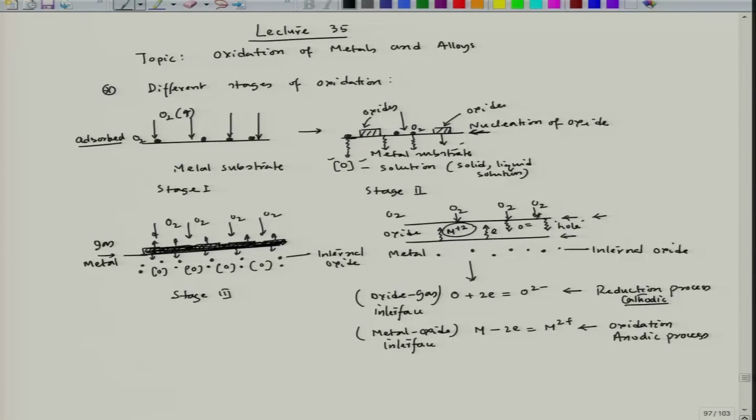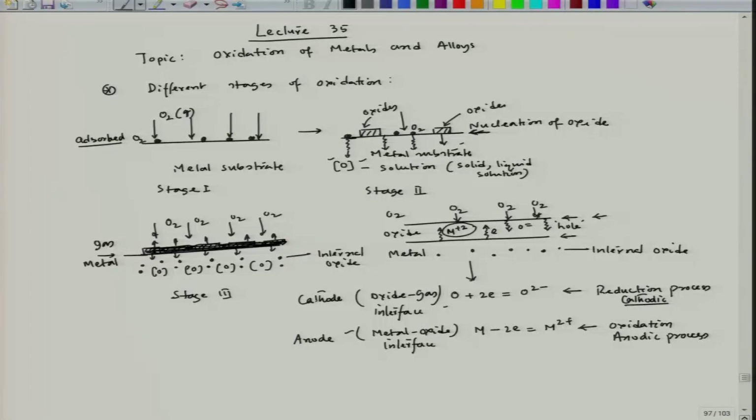Fine. Now, since this interface acts as a surface where this oxidation takes place, I can term it as anode, and this particular interface where the cathodic reaction happens, we can term it as cathode.